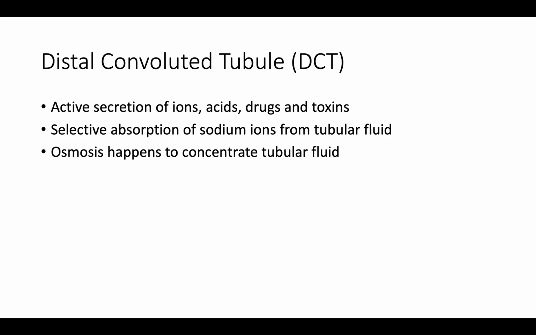So what that's saying is that osmosis is going to happen, once again trying to take out the water. This process is trying to concentrate the tubular fluid, as well as the selective absorption of salt. Your body is going to absorb more salt, and then you're going to have secretion of ions, acids, drugs, toxins, things like that that are going to make up what is in your urine.